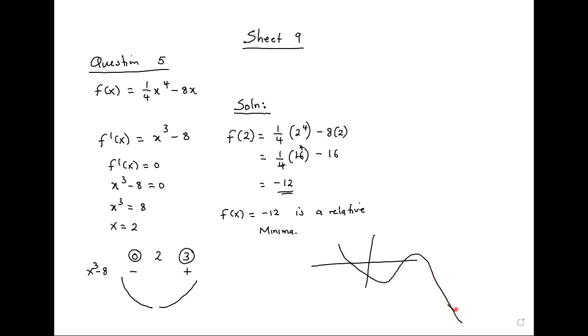So we still have numbers that are lesser than this value. Then we would maintain the relative minima. But if when we sketch, we obtain a sketch of this nature, then we won't say relative minima, we'll just say it's the minimum value.